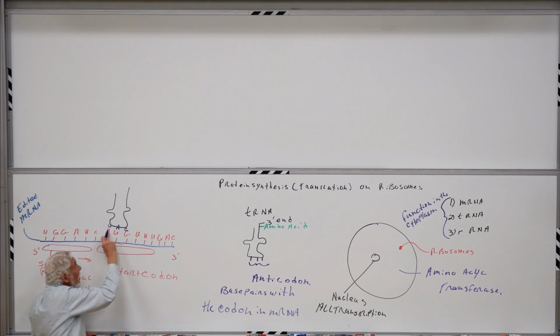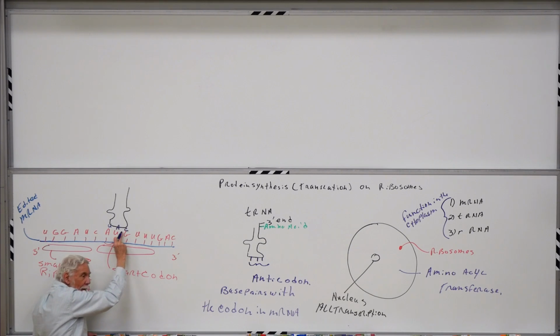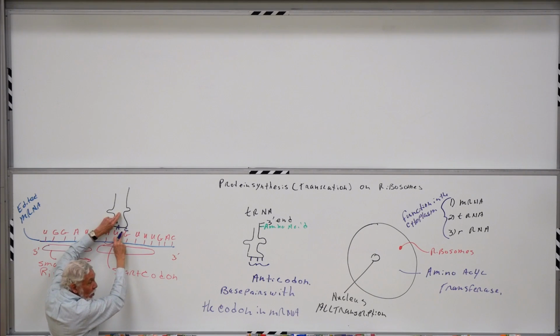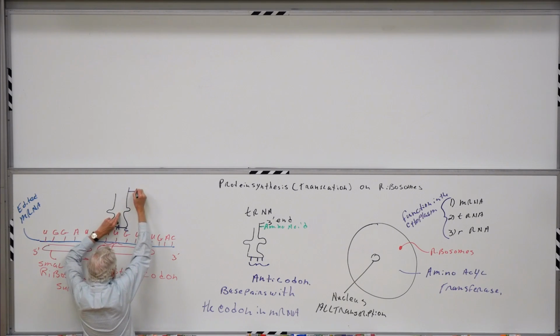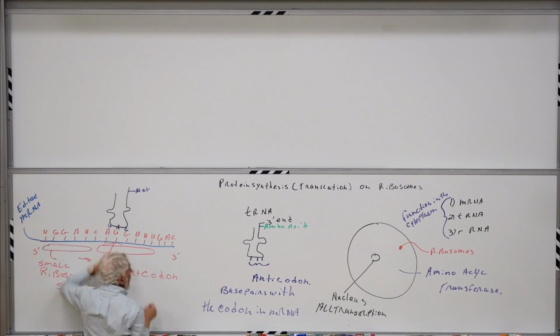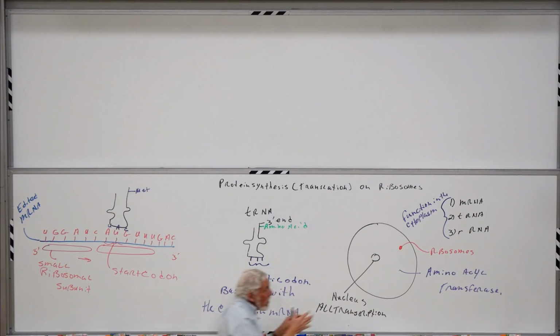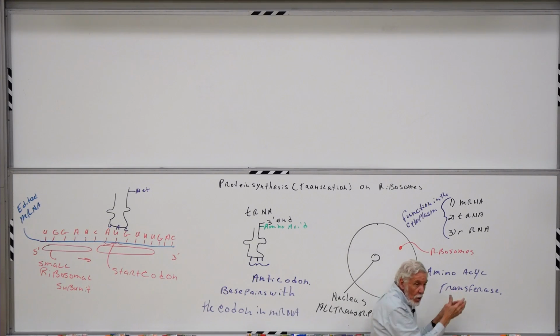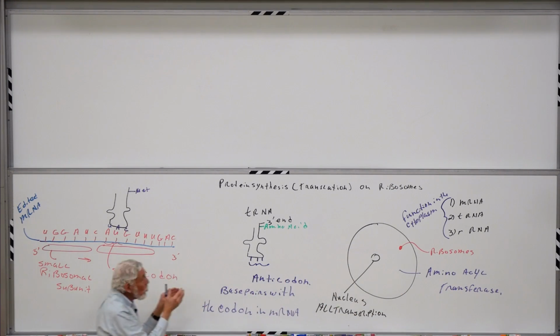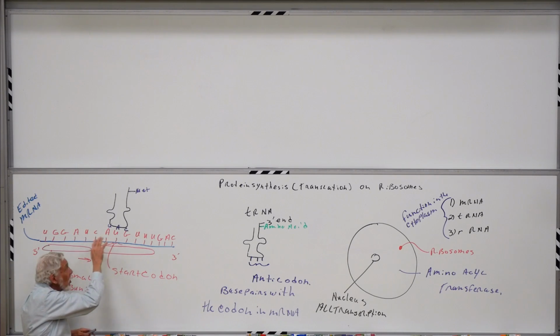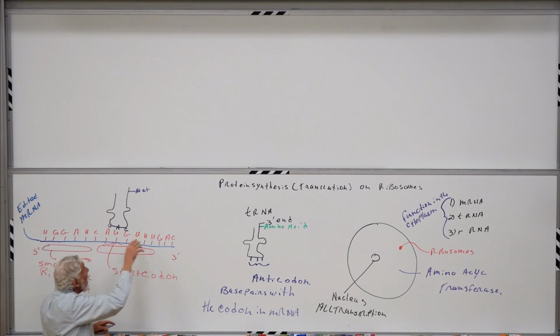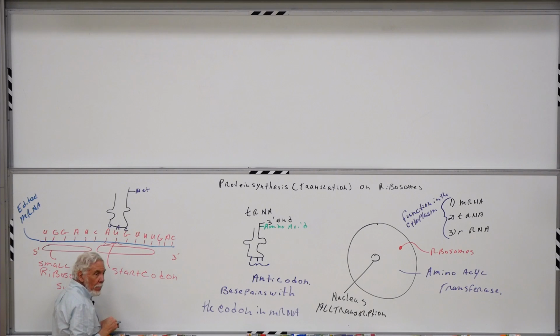So the anticodon is UAC. Anytime a transfer RNA is carrying a UAC anticodon, it's going to be carrying methionine. Because one of these aminoacyl transferases will have recognized this transfer RNA with its UAC anticodon and appropriately linked a methionine to it.